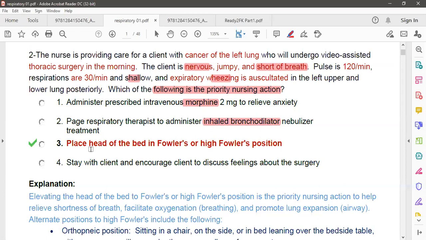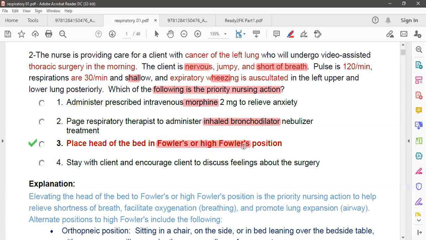But what next? Place the head of the bed in a Fowler or high Fowler position. So with a respiratory problem patient, position is most important.